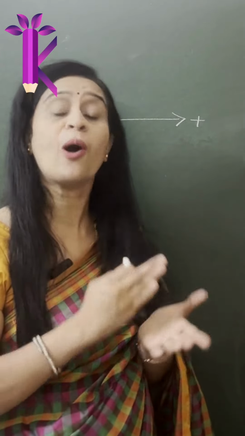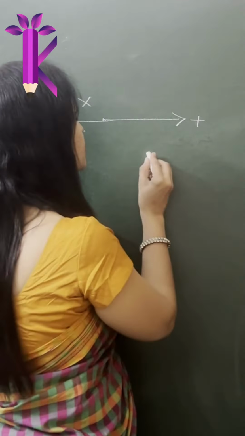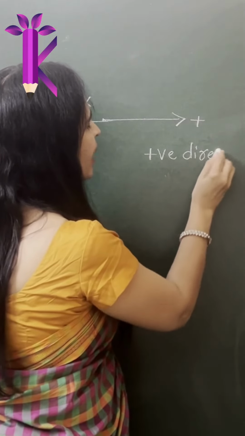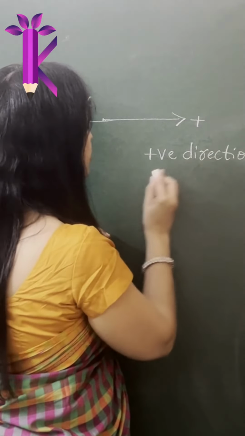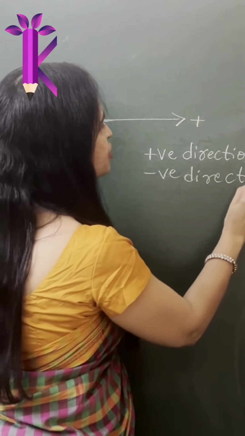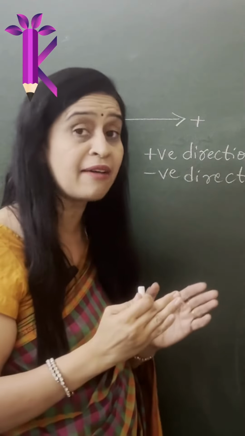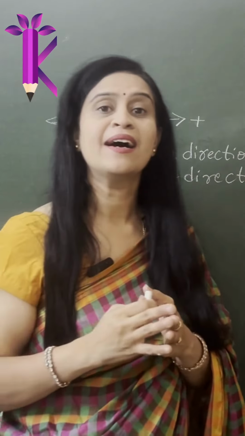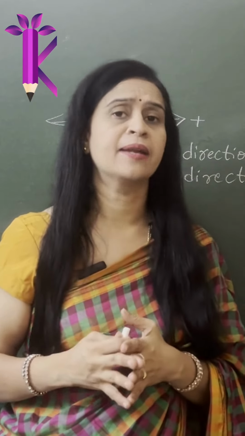Negative direction is the opposite of the positive direction. So we did not have to bother much about directions. Either it was a positive direction or a negative direction in which a given point object was traveling. But that was the case in motion along a straight line.